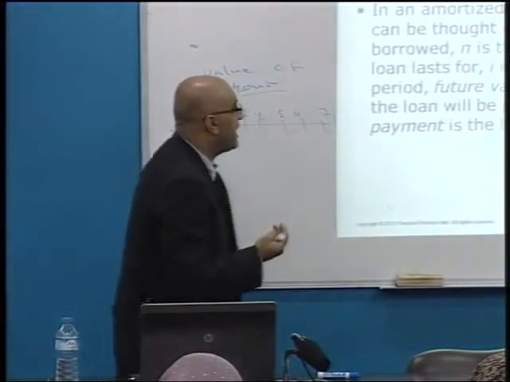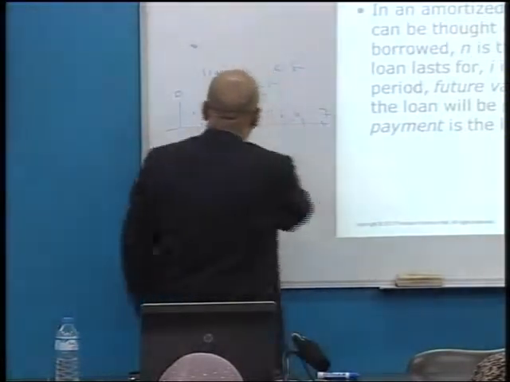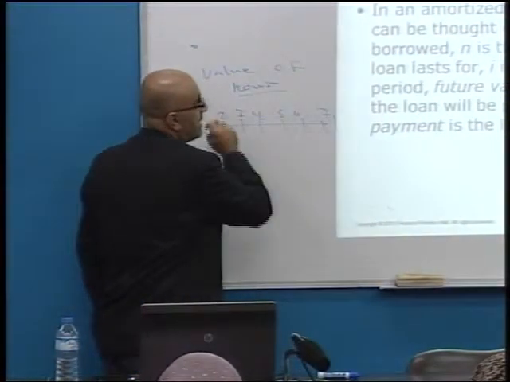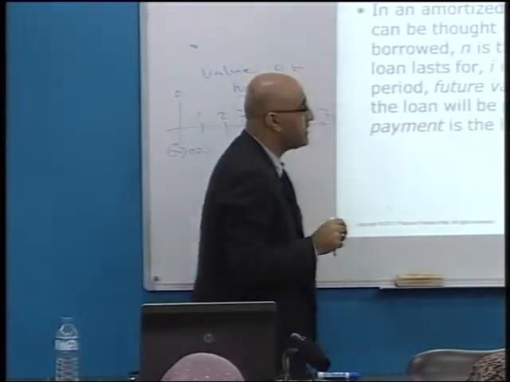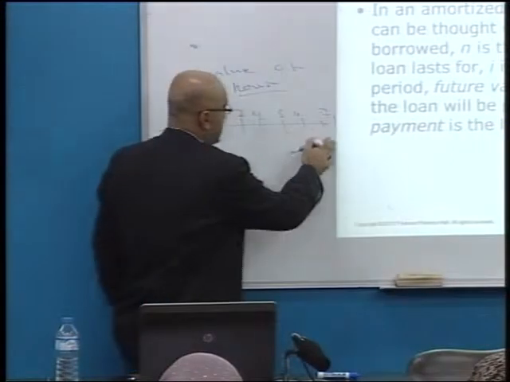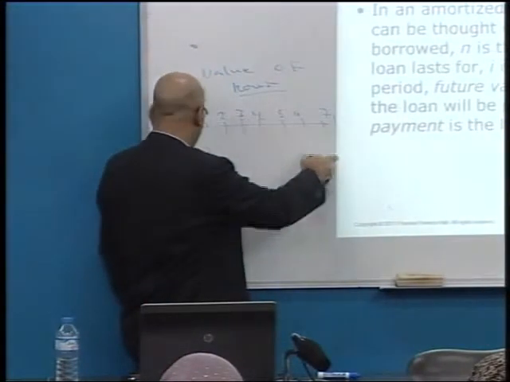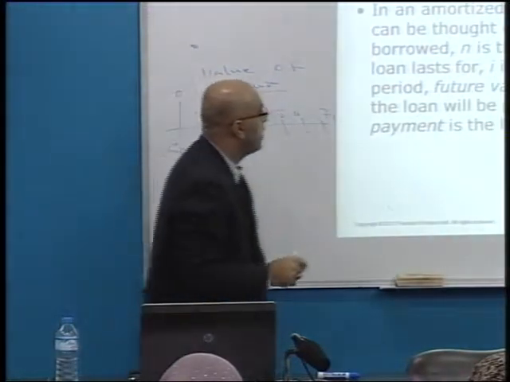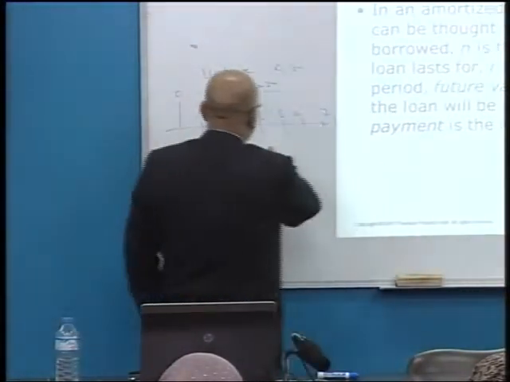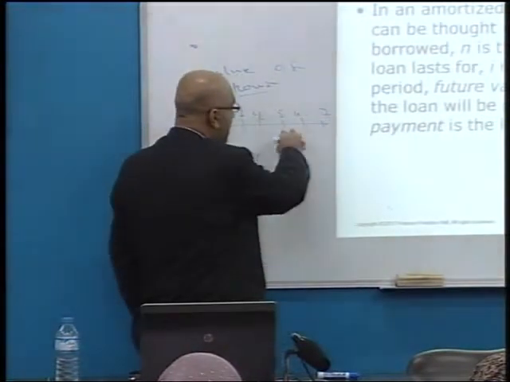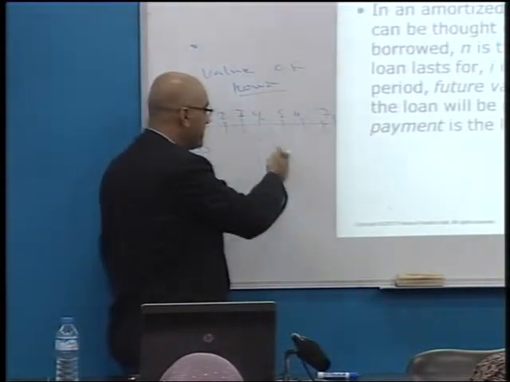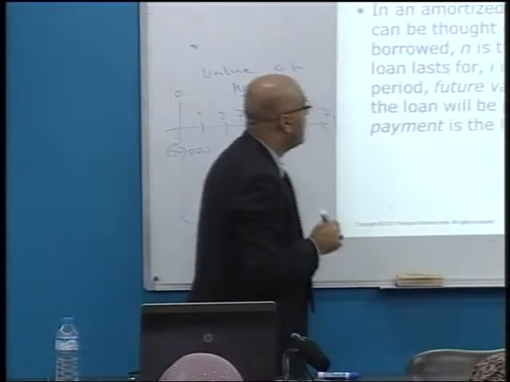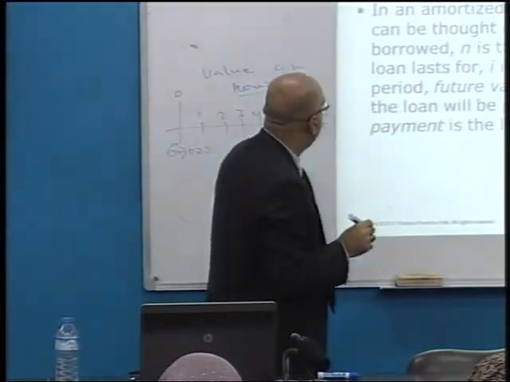The number of payments is the number of periods the loan lasts for. So at the end of the period, you cover the $60,000, so it will be equal to 0. And I is the interest rate that we discount these payments with, so we should know I. I is the interest rate per period.